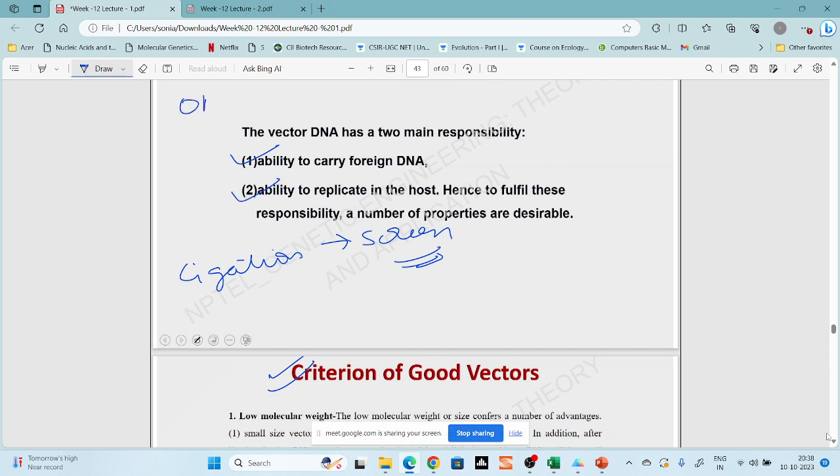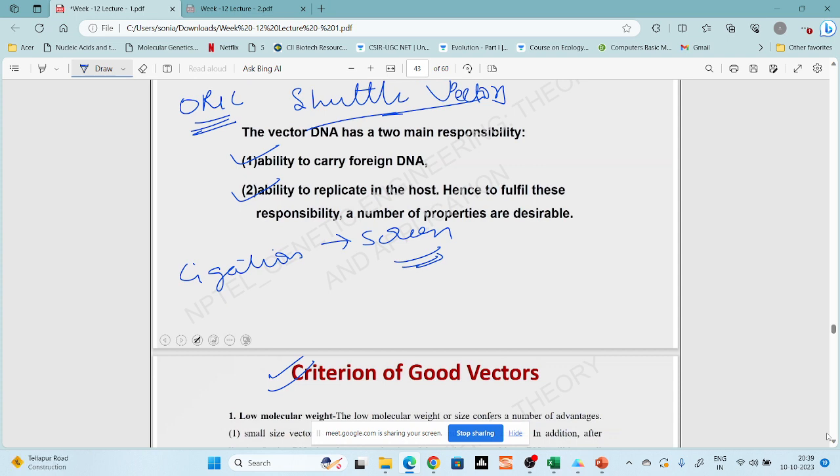Therefore origin of replication is very much required. And nowadays we have vectors which are known as shuttle vectors. So what are shuttle vectors? Anybody remember what a shuttle vector is?